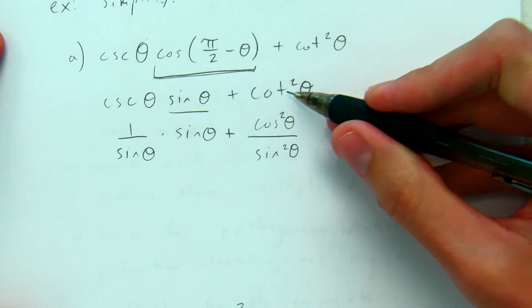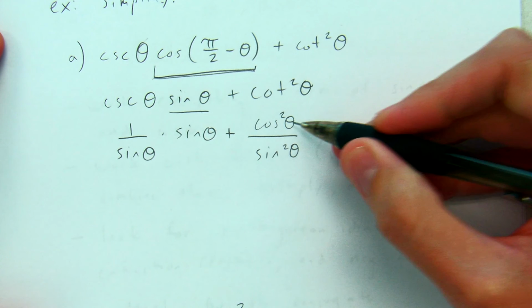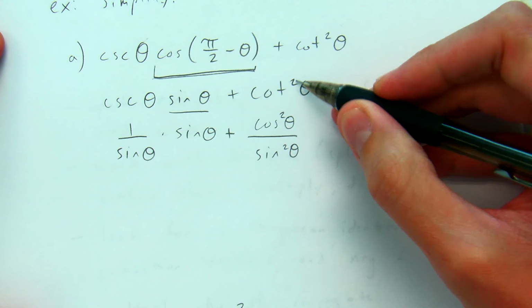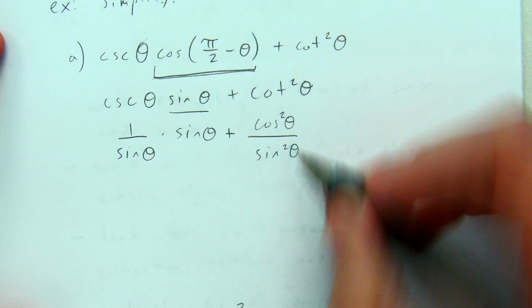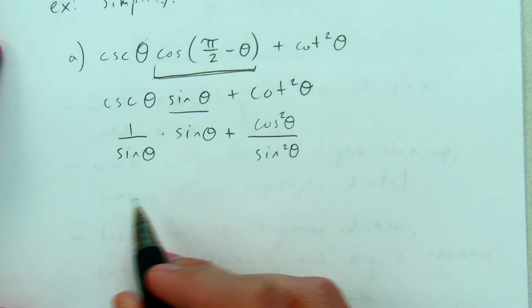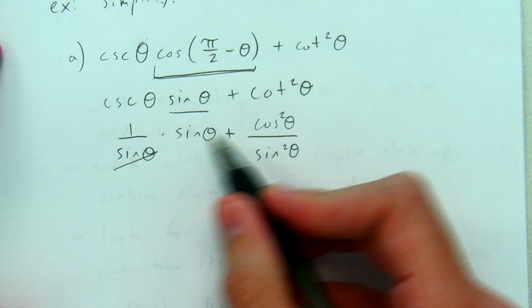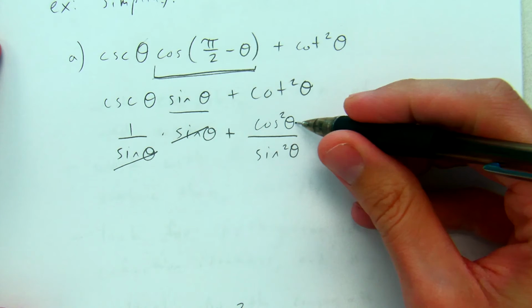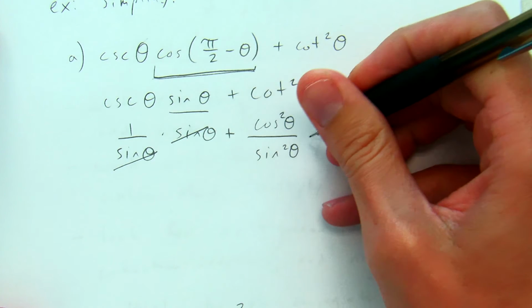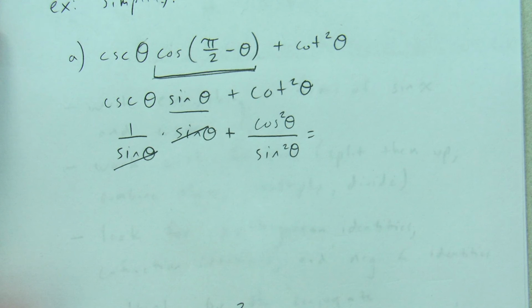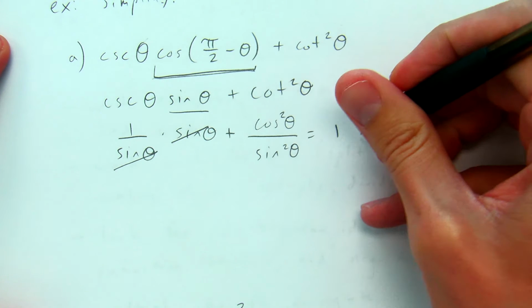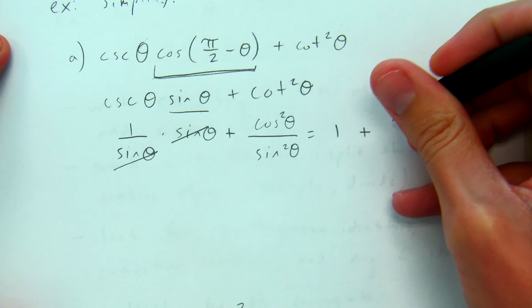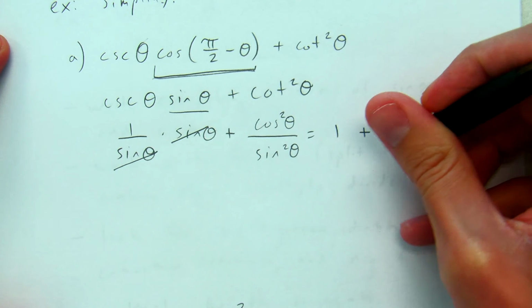Because one of my formulas says that cotangent is cosine over sine, and if it's squared, that squared just goes to the numerator and denominator. Now, this is a lot simpler, isn't it? The sines cancel, and I'm left with 1 plus cosine squared theta over sine squared theta.